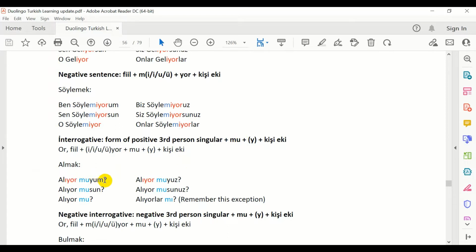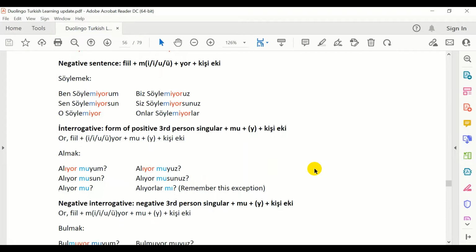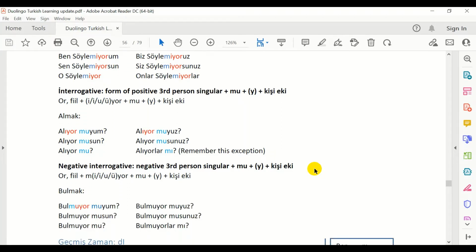Alıyor muyum? It means, am I taking or am I buying? Almak means to take or to buy. Alıyor musun? Are you buying? Alıyor mu? Is he or she or it buying? As simple as that. I hope you got the point. And now let's study the negative interrogative.